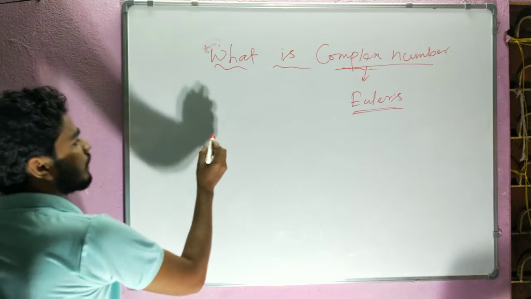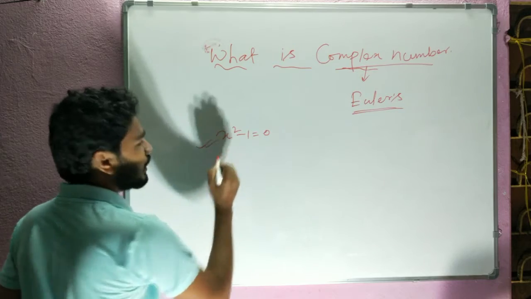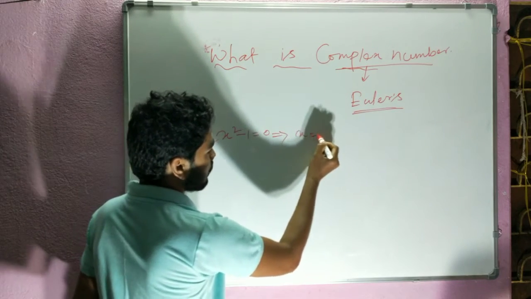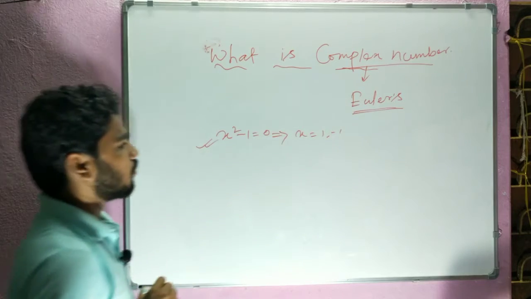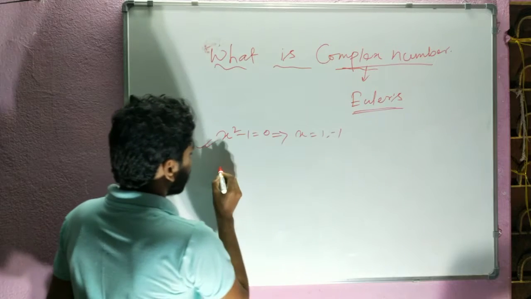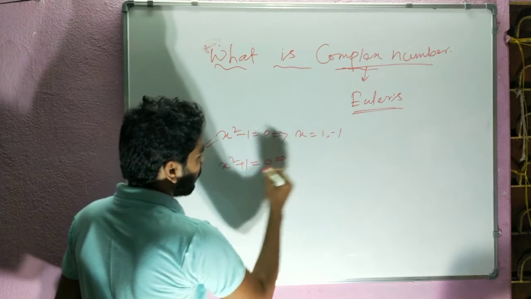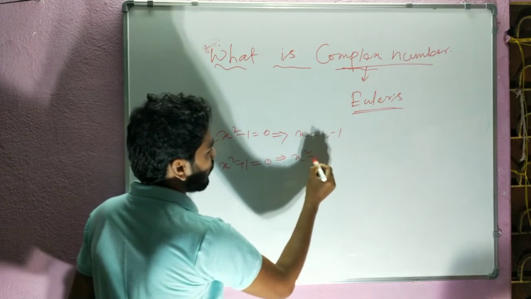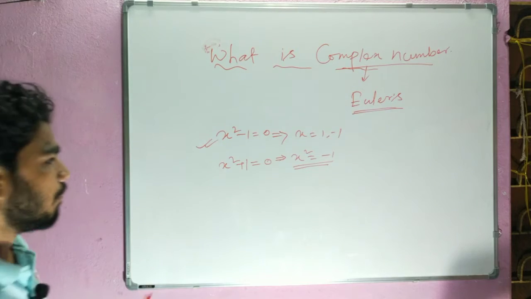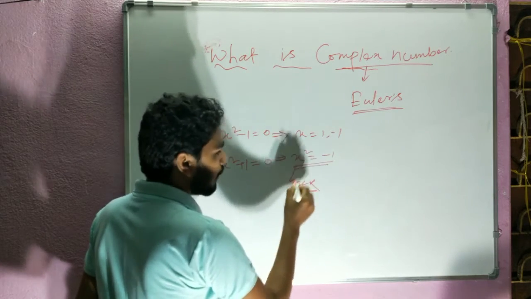We know that x square minus 1 equal to 0 is a quadratic equation that has two real roots, x equal to 1 and minus 1. But x square plus 1 equal to 0 implies x square equal to minus 1. This is impossible because x belongs to R, the real numbers.